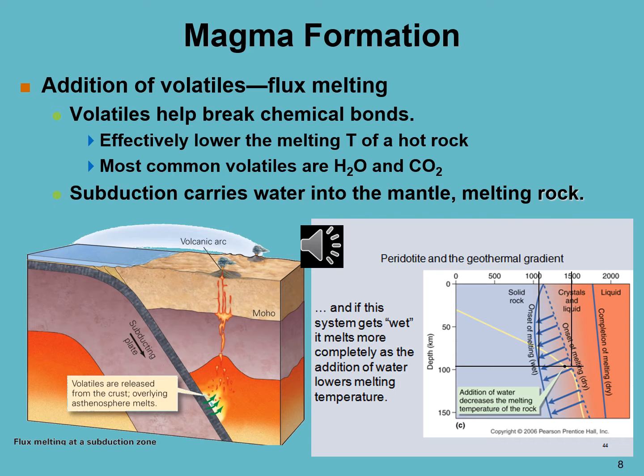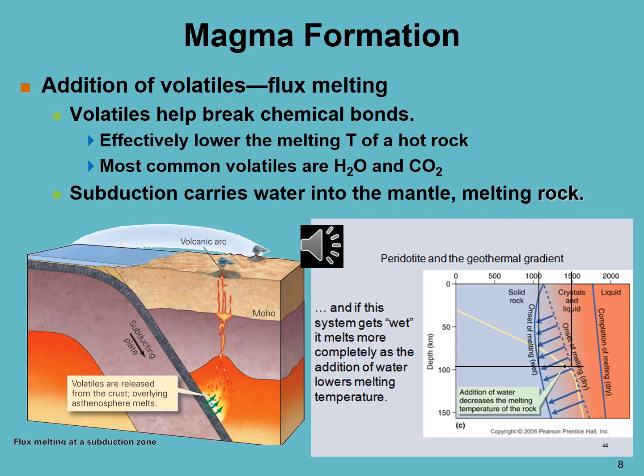It dehydrates the rock, and the dehydrated water forms a super hot steam that supersaturates the asthenospheric mantle above the area. This supersaturated steam lowers the melting temperature of the rock and allows the rock to melt. The magma that is formed, figure on the left, has less density than the surrounding unmelted mantle rock and rises towards the surface.